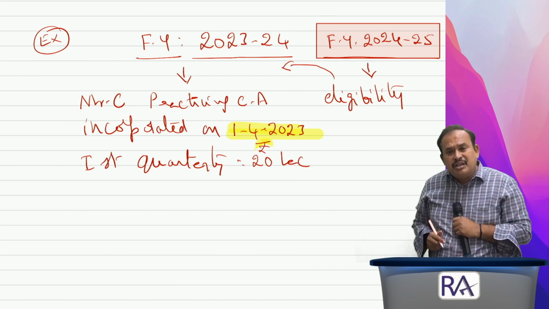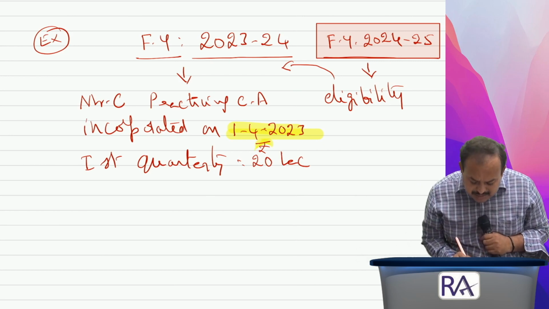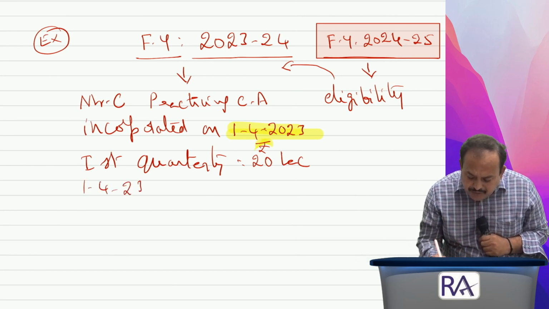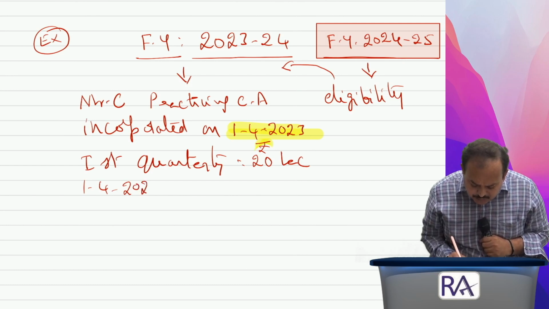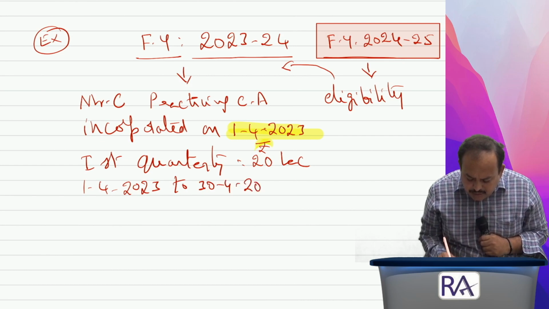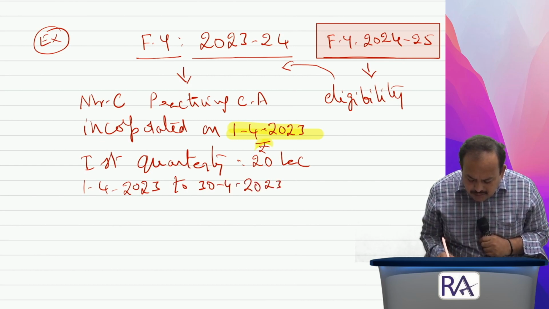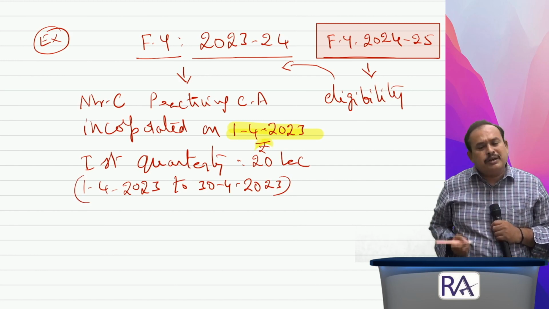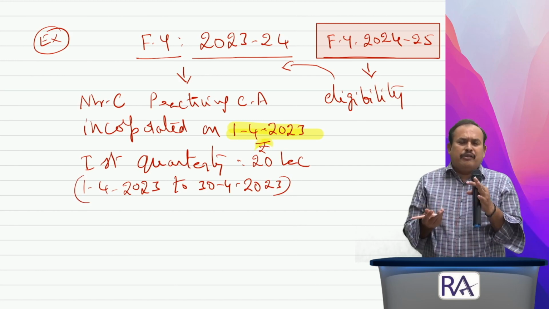That means in the first quarter, from 1st April 2023 to 30th April 2023, my turnover is 20 lakhs, not yet registered.